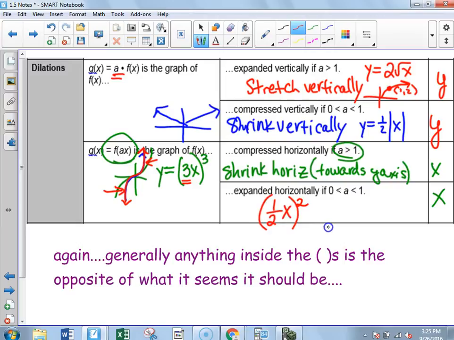What would that be equivalent to, guys? So this is expanding horizontally, okay? But that is really the same as pushing it down vertically, yes?